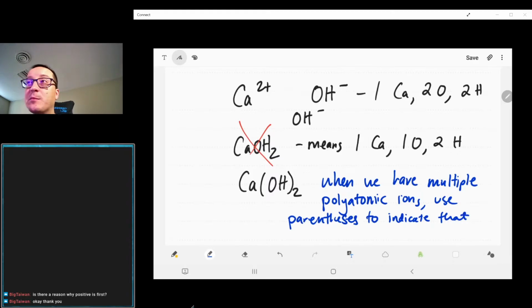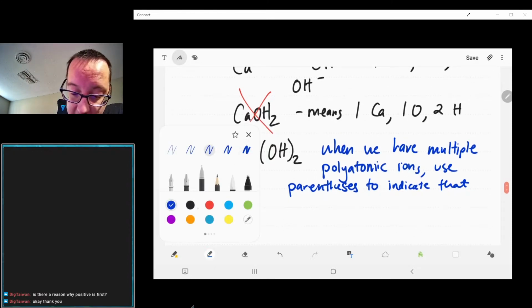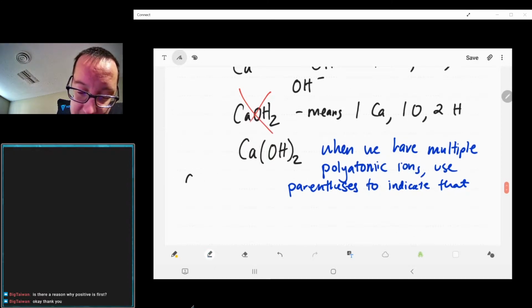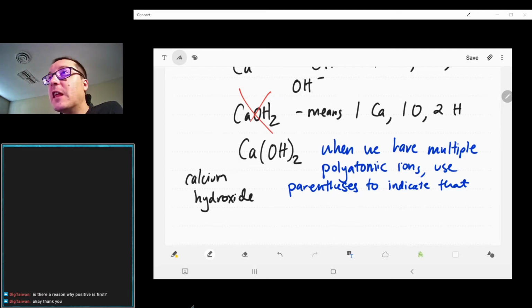So we're going to use these parentheses here to indicate that we have 2 hydroxides. Because if we just put that 2 outside the H, that does not mean the same thing as what we're trying to say. So we want calcium hydroxide there, with the OH in parentheses. By the way, since I just said it, that name, of course, is calcium hydroxide. It's just the name of the 2 ions put together.